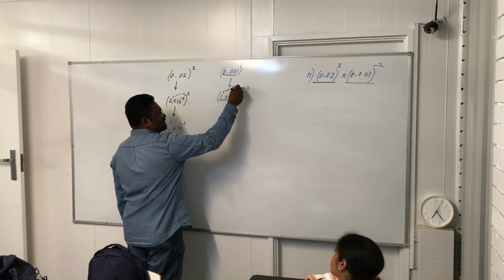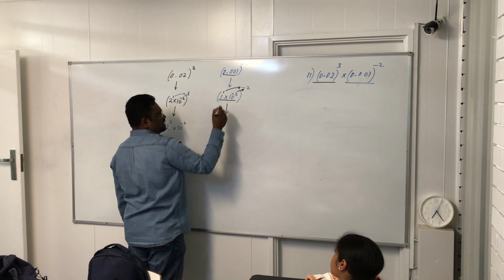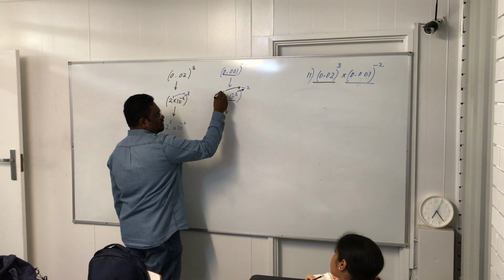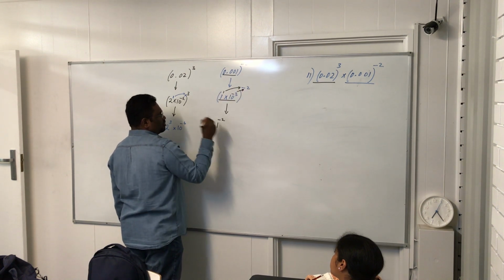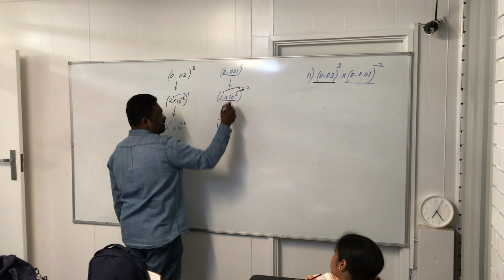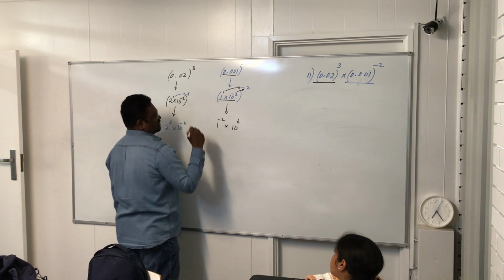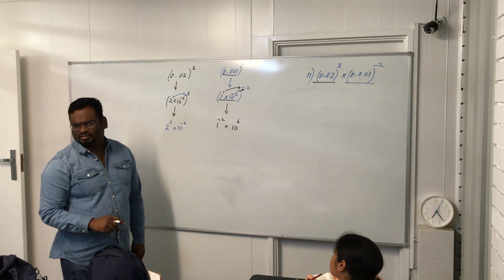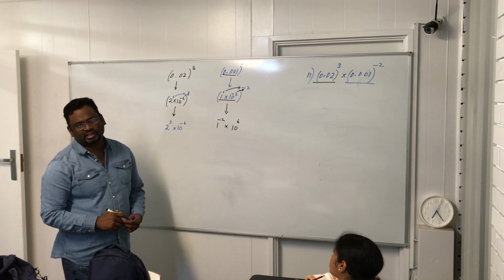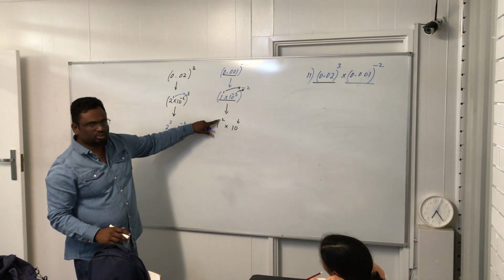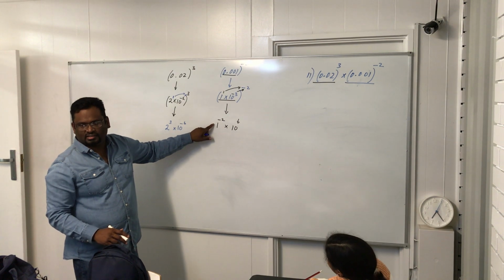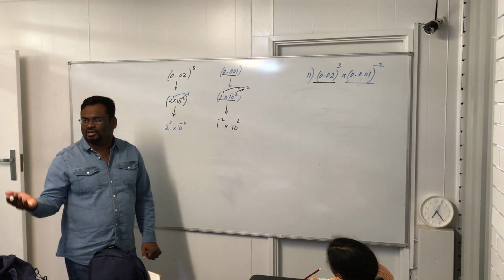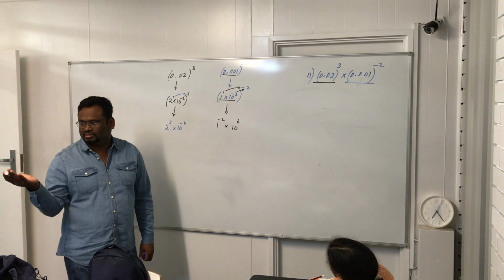So now what is this one? 1 goes with this, minus 3 goes with this. So 1 to the power minus 2 times 10 to the power 6. 1 raised to the power minus 2 is what, guys? 1 to the power anything is 1.